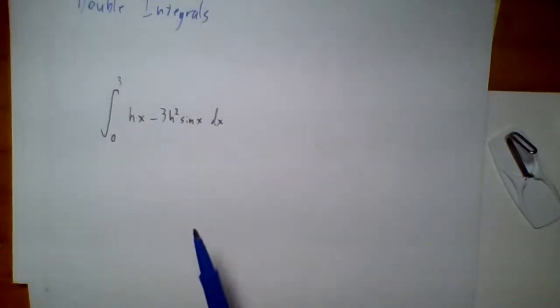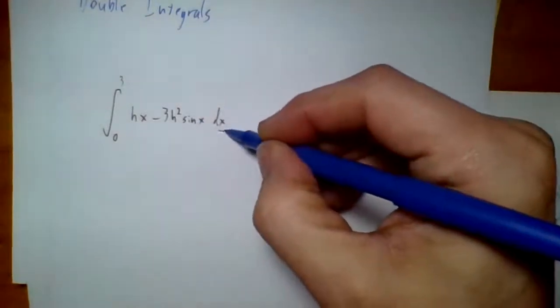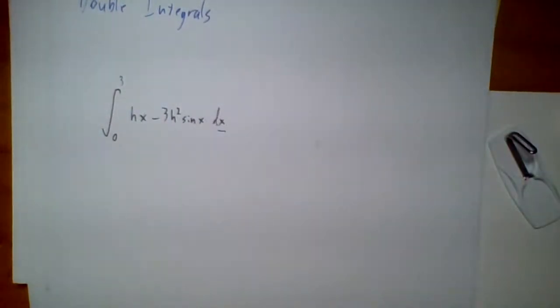Okay, so I wrote this one down. That's not a double integral. Just a regular integration problem, but it happens to have another letter sitting in there, that h. But you notice when we're integrating with respect to x, x is the variable going on. So that means a couple of things here.